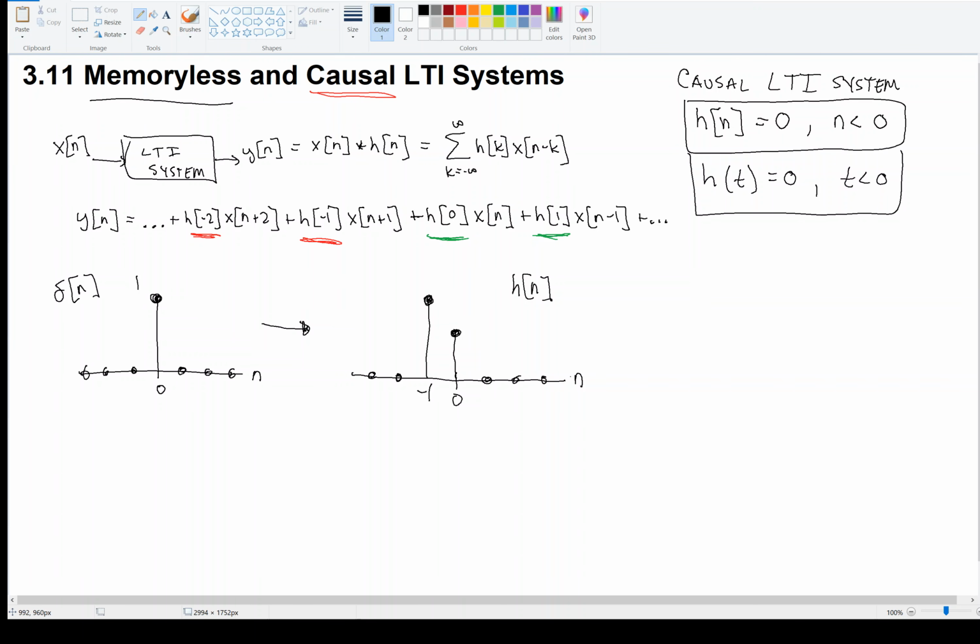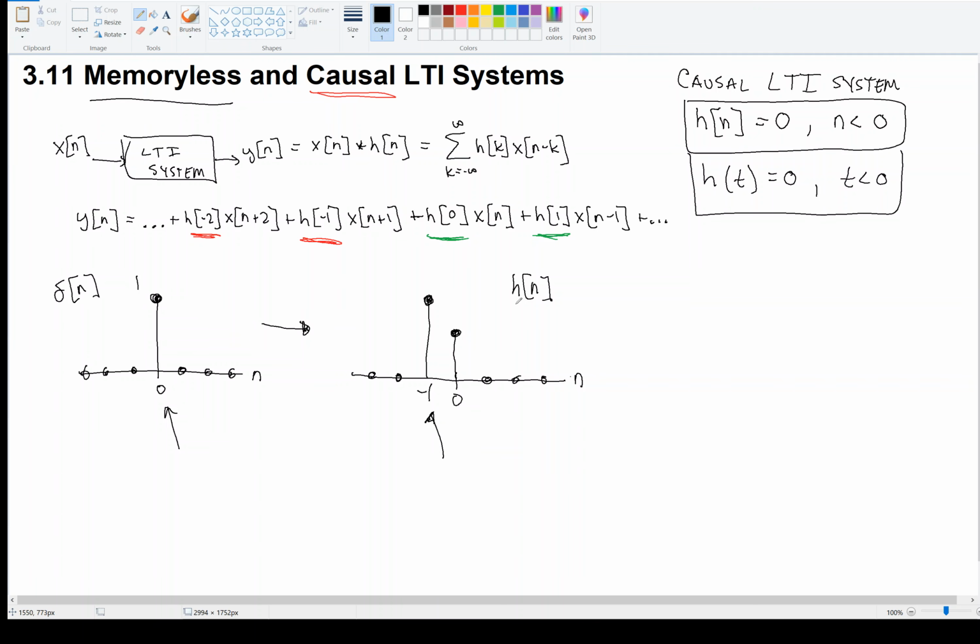And we can understand that in the following way. Here, I've got zeros. I'm inputting 0, 0, 0, 0, 0, 0, and then I put a non-zero there at time equals 0. But look what I get out. I get out something at -1, something that happened before I put in this non-zero value, right? I put in a non-zero value at the origin, but I got something non-zero right before that.